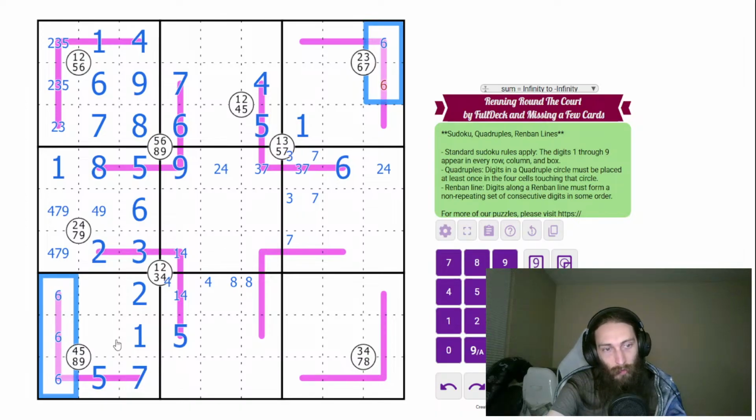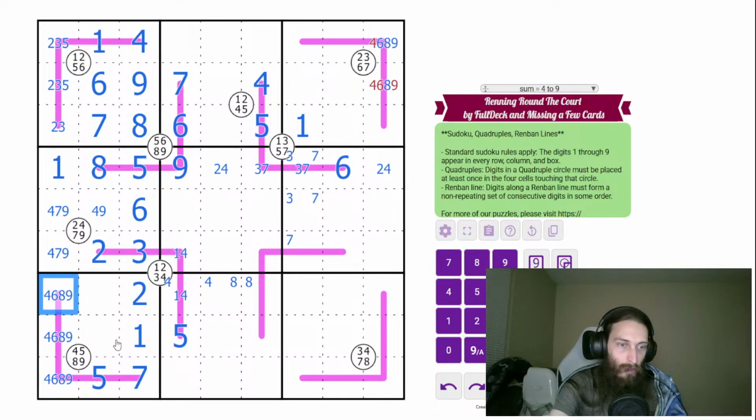So we have to have a 6, we have to have an 8, and then either 4 or 9. And 4, 9, and 8 can't go here, so that's a 6. This is what, a 3?